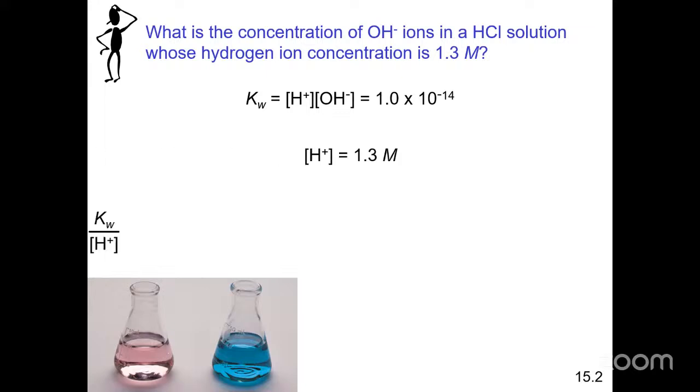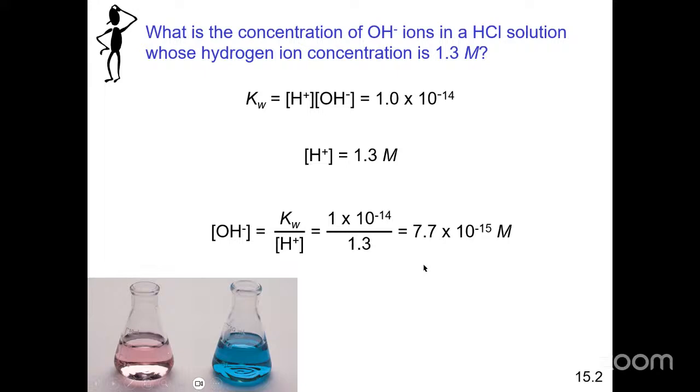We're given the concentration of H plus, so we plug in 1.3 where the concentration of H plus is. We plug in the ionic product of water, which is always constant at 25 degrees Celsius. It's 1.0 times 10 to the minus 14 divided by 1.3, which is the molarity of the H plus. According to the calculation, the resulting concentration of the hydroxide would be equal to 7.7 times 10 to the minus 15. So that's basically how you would solve this particular problem.